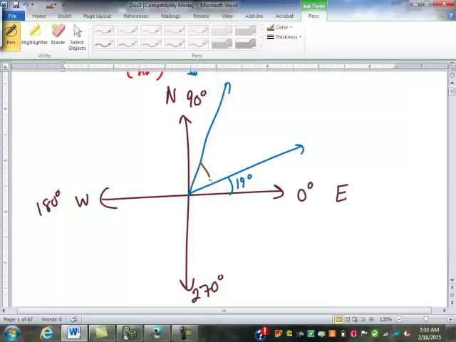And the direction of that second ray is 81 degrees. The angle between them is the difference in their directions. The difference between 81 and 19 is 62 degrees. So that defined the angle between those two rays, or defined the size of that angle, is that directional difference between the two rays that make up the sides.